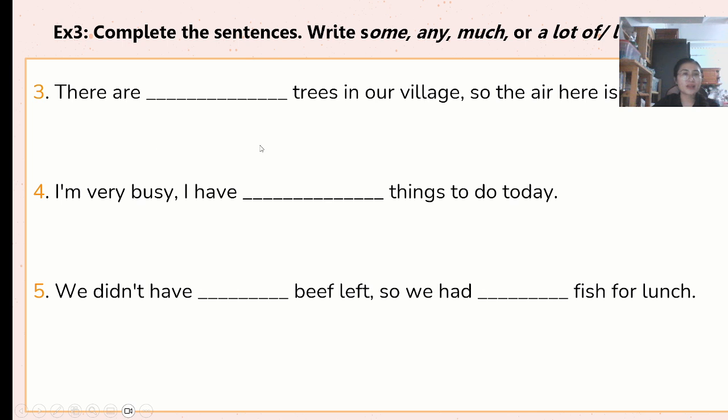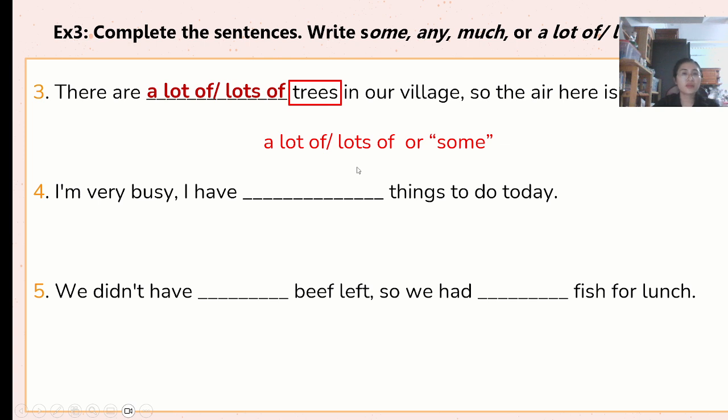Number 3, look at cheese. Cheese is an uncountable noun and it is in positive form. So we can use a lot of, lots of, or some, but at the end of the sentence, we can say "very, very fresh". So we need a lot of, or lots of.